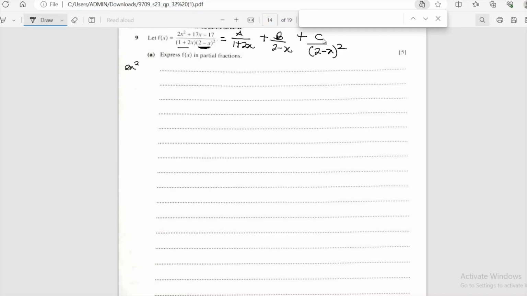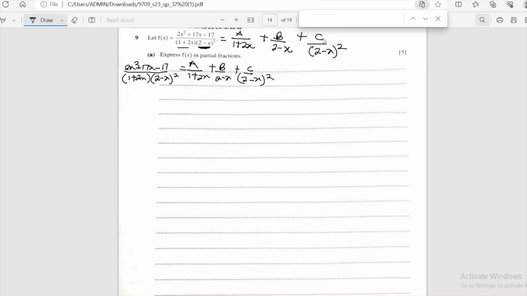2x squared plus 17x minus 17, divided by 1 plus 2x, 2 minus x all squared, equated to the one you split earlier: A over 1 plus 2x, plus B over 2 minus x, plus C over 2 minus x all squared.